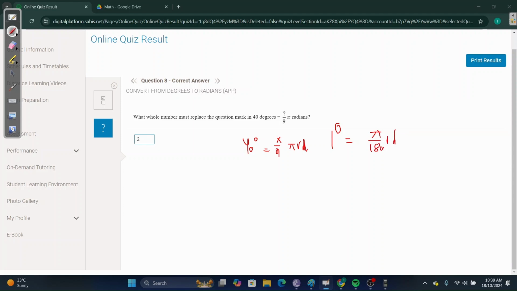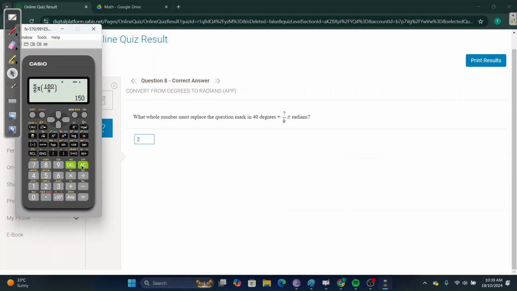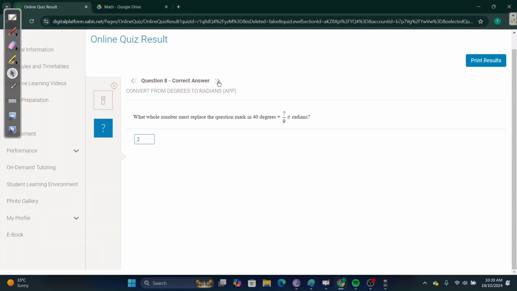So you're gonna multiply the degree value by 40, and this whole value by 40, which is gonna give you. So let's do it. 40 brackets pi over 180 equals 2 over 9 pi. So that's our answer. They only want 2.